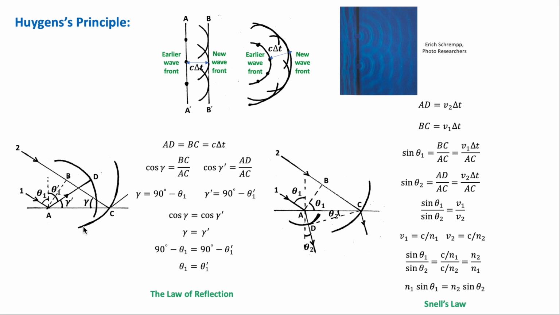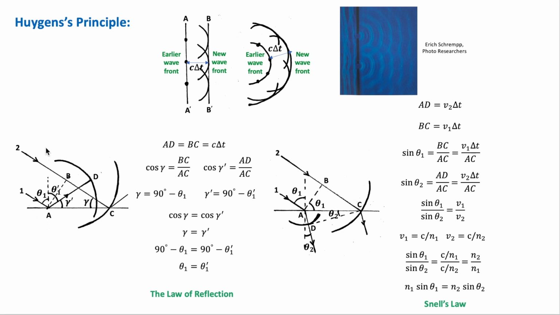For the law of reflection, you can see that for the incident light rays here, the line AB is the plane wavefront, because the rays are perpendicular to the wavefronts. This is a plane wave incident on the surface.